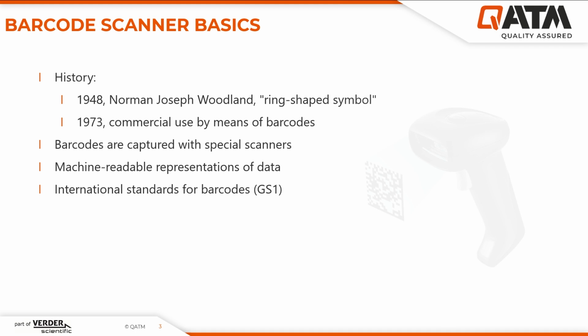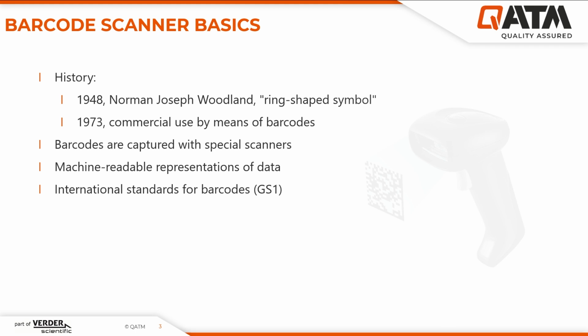In the year 1973, the commercial use of the barcode as we know it right now was established for the grocery shops, for example, for the packaging. This was one of the first uses of the barcode scanner directly. The barcodes are captured with a specific scanner, of course, and this was developed later on in the 60s.